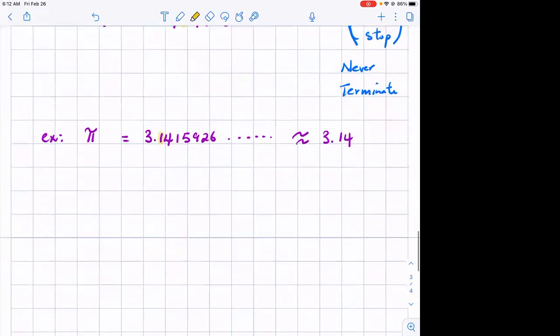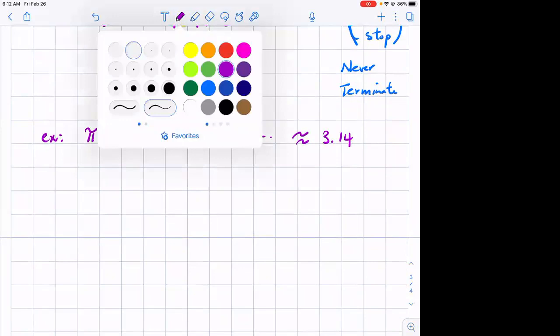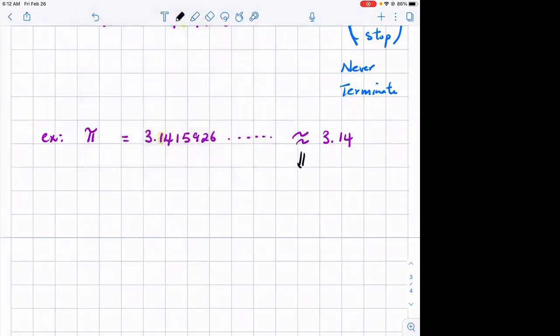So what is this symbol here? That symbol means approximately equal to.